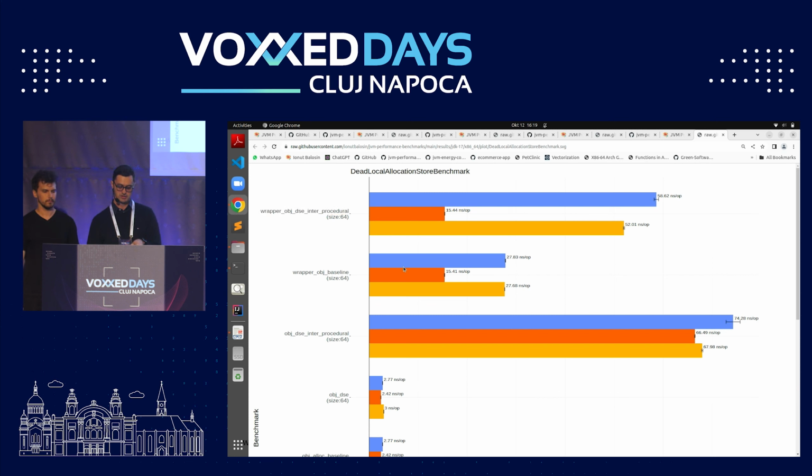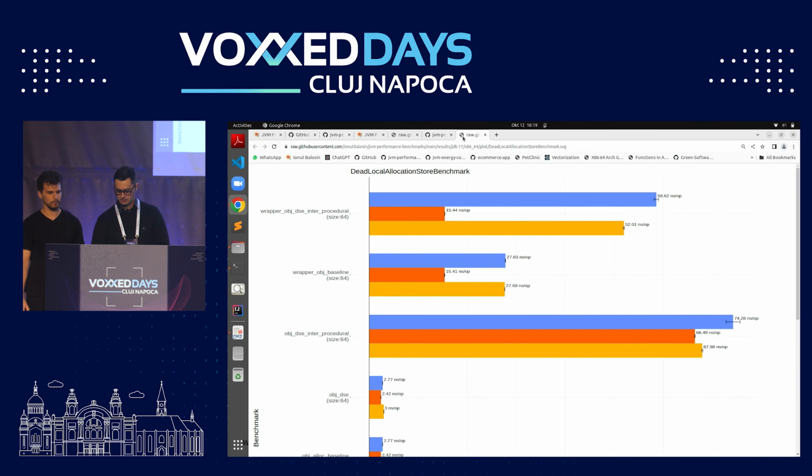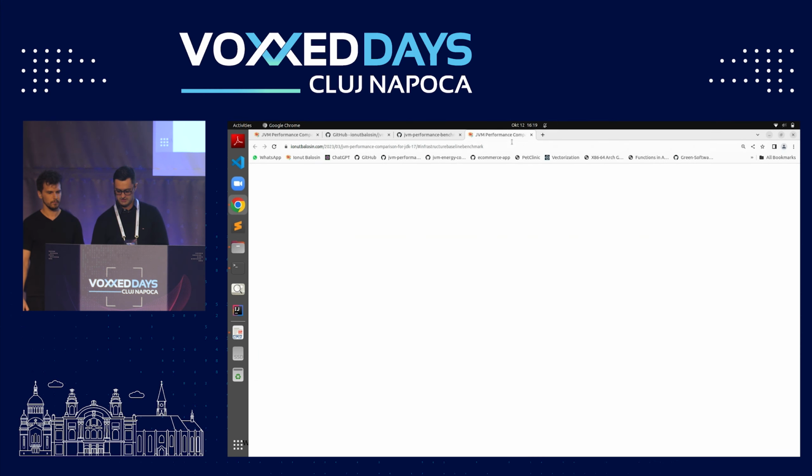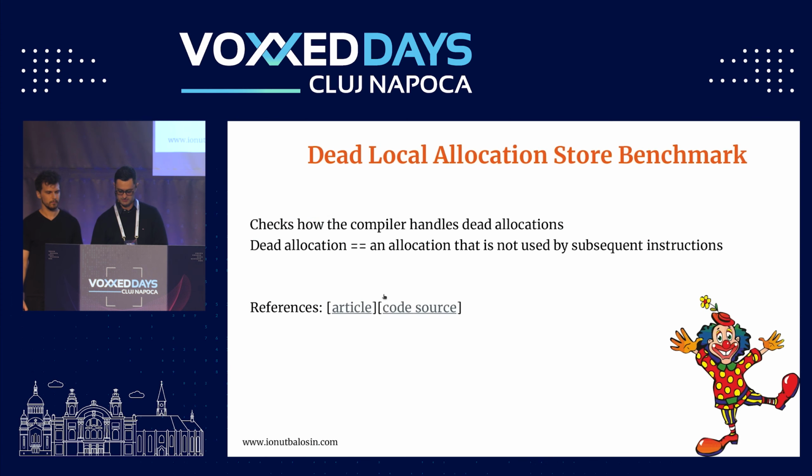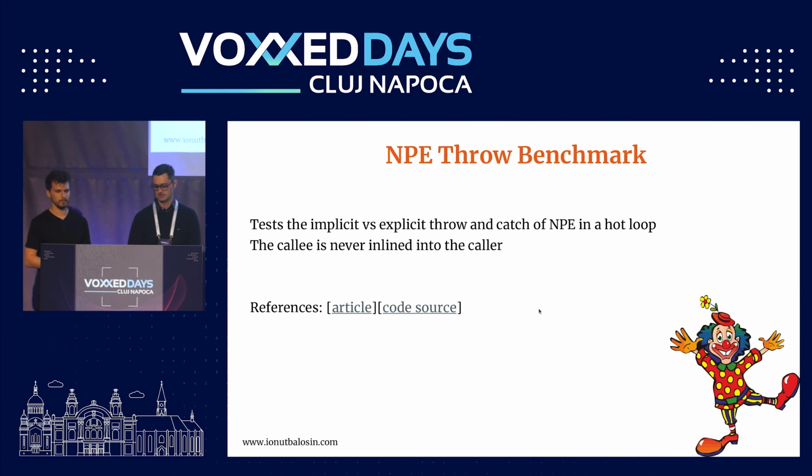So in a nutshell, this use case was in favor of Graal from the Enterprise Edition. It behaved better.